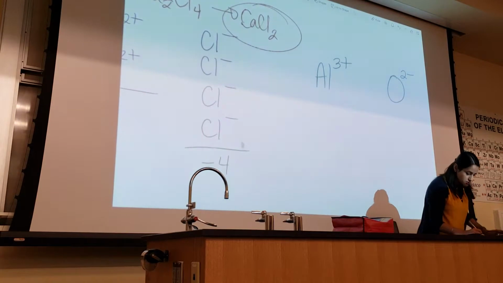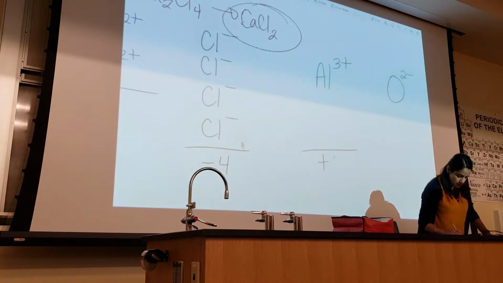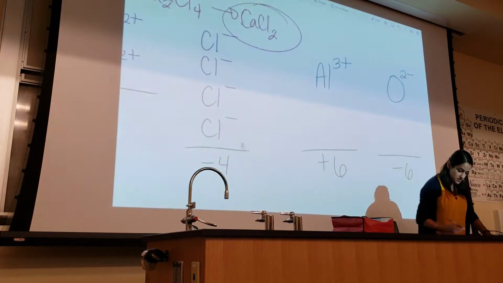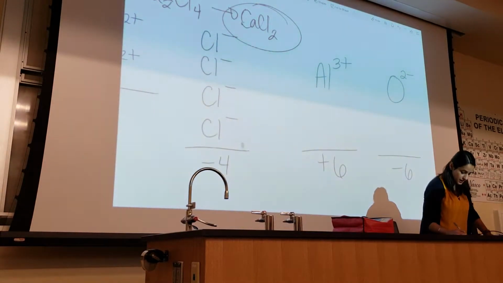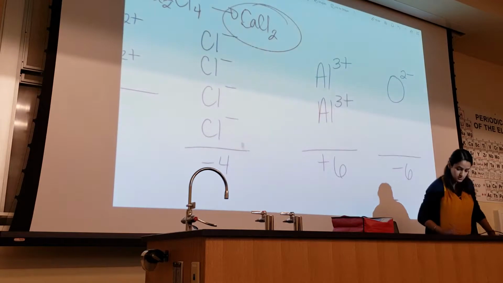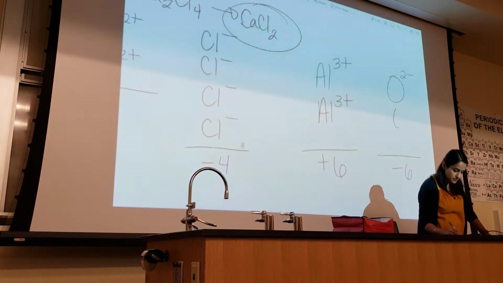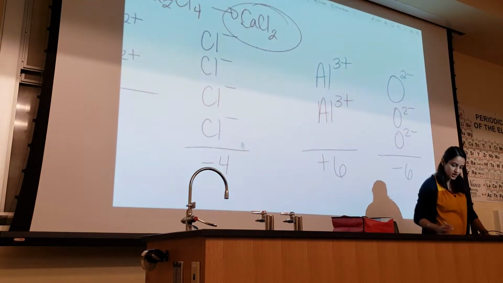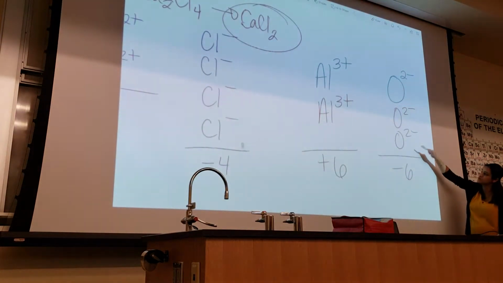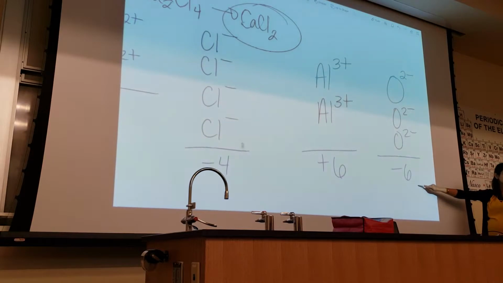So I'm looking at the lowest common multiple. Here I want a plus 6, here I want a negative 6. To get there, I need 2 aluminum. That way, 3 plus 3, I'll get the plus 6. Here, I need 3 oxygens, because I'll have 2, 4, 6. I'll get a negative 6.